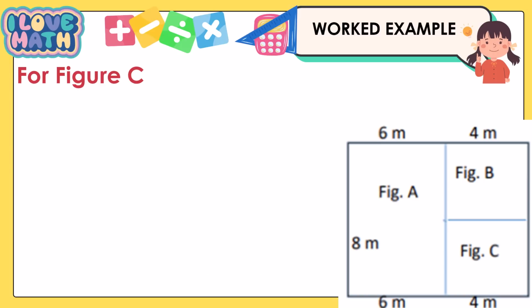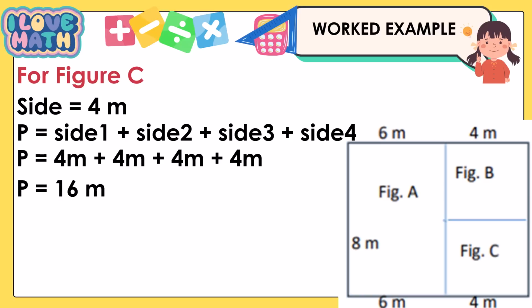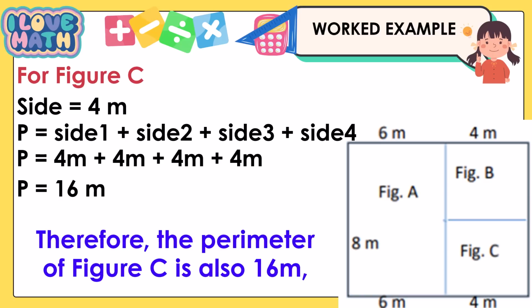For figure C, side equals 4m, P equals side 1 plus side 2 plus side 3 plus side 4. P equals 4m plus 4m plus 4m plus 4m. P equals 16m. Therefore, the perimeter of figure C is also 16 meters.